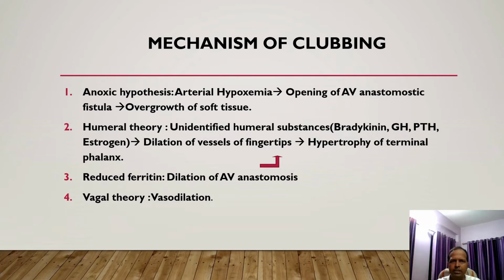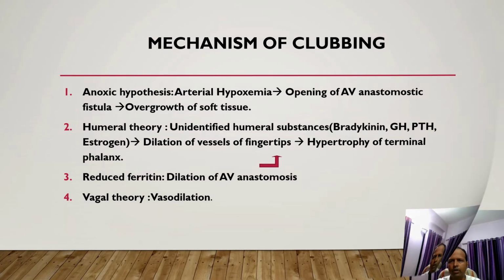The other mechanism is reduced ferritin, which causes dilatation of arteriovenous anastomosis, and this again leads to dilatation of vessels of fingertips and hypertrophy of terminal phalanx. Then another mechanism is the vagal theory, and in this also there is vasodilatation and again dilatation of vessels of fingertips. So these are different mechanisms of clubbing.